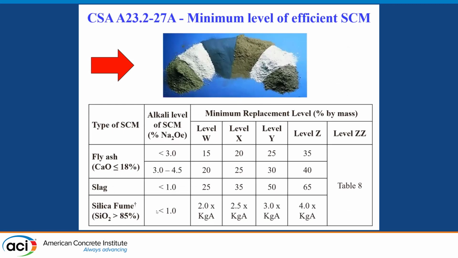So this table here is providing recommendations in this prescriptive approach for fly ash, slag, and silica fume replacement of a high alkali cement in order to prevent ASR. And all those numbers in the table were generated over the past decades through field work, lab work, and so on. So those numbers have been established based on knowledge that we had at the time of development of this standard practice.